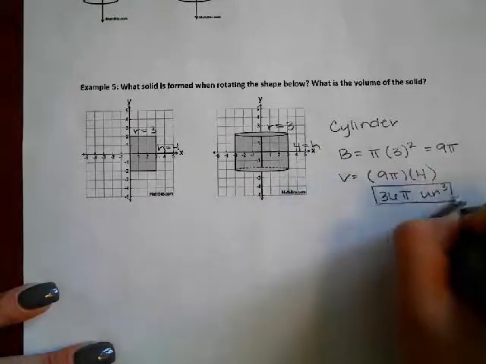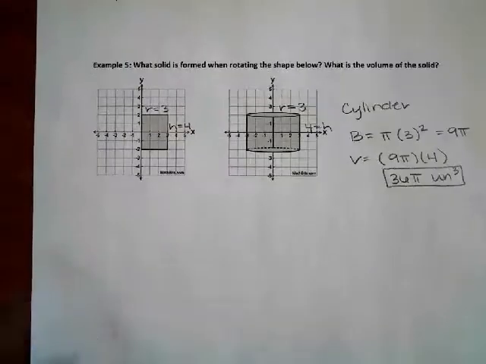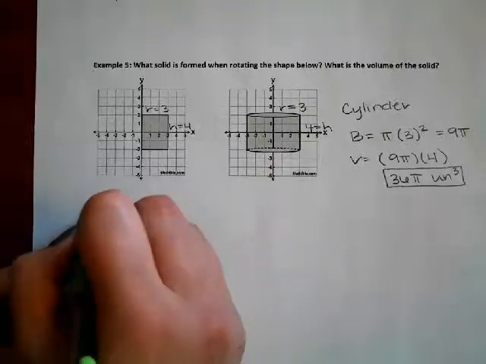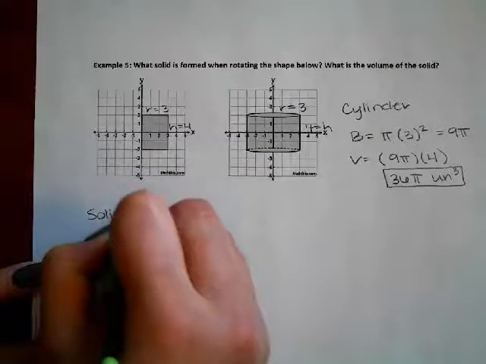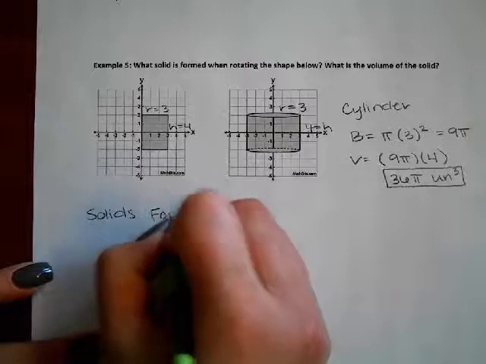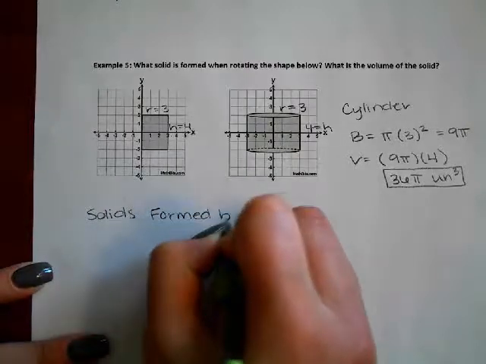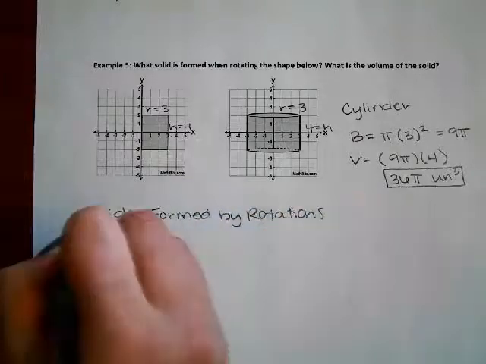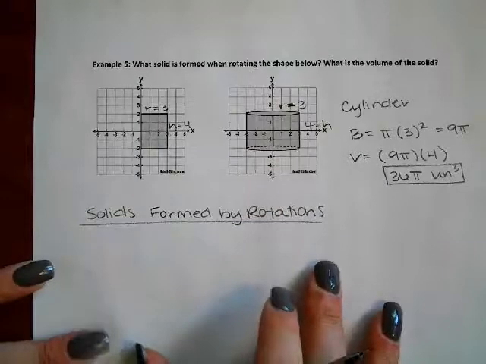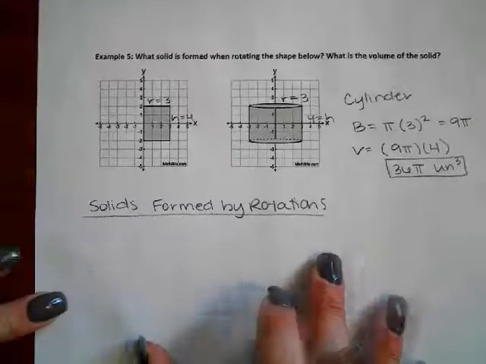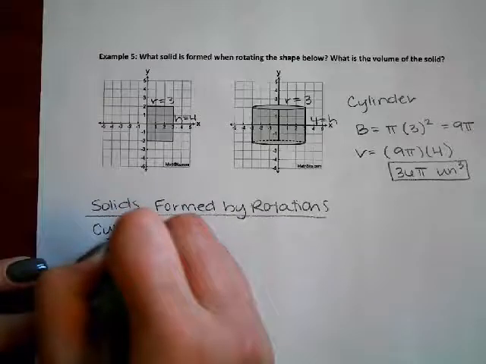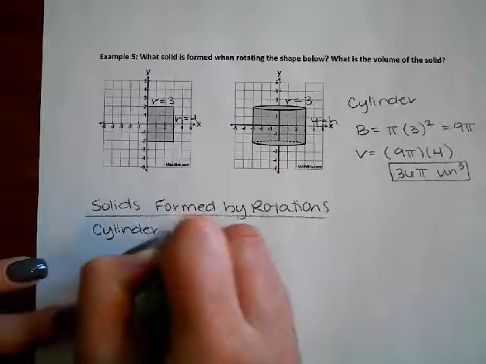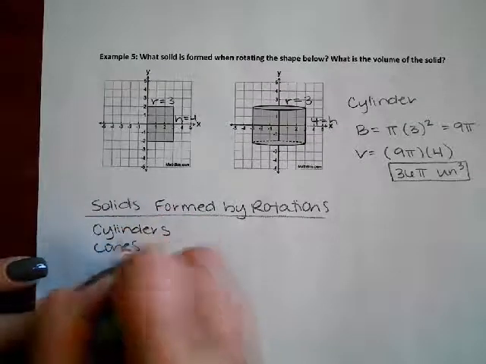Okay, so let's think about some solids that we noticed, solids that were formed in rotations. We saw cylinders, we saw cones, we saw spheres.